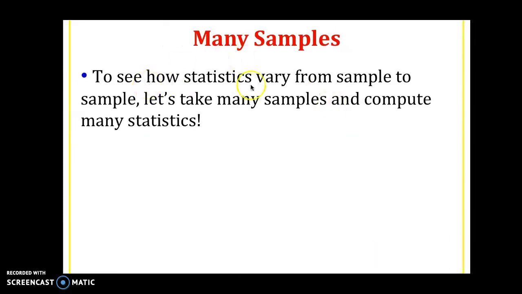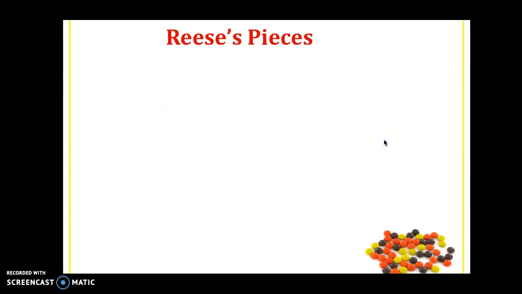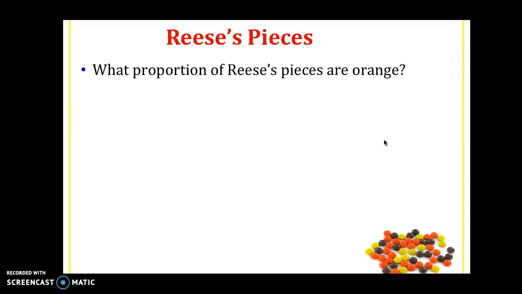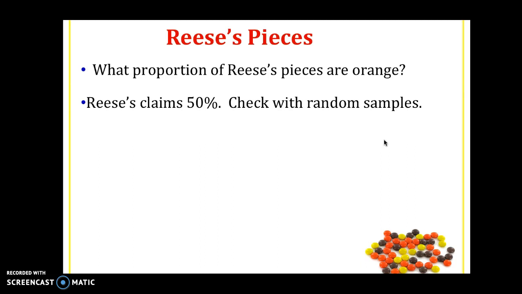Okay, so we're going to take a look at how we could get many samples to compute many different statistics. If this was a standard class, we might do this in class, but for this video lecture, we're going to use StatKey to do the simulation for us. Suppose we want to know what proportion of Reese's Pieces are orange. Reese's, the manufacturer, claims that it's 50%, that half of the Reese's Pieces are orange.